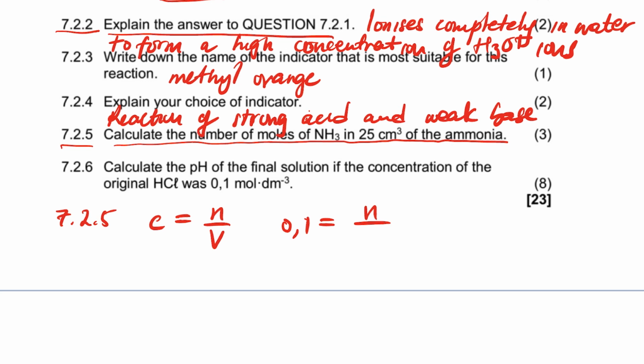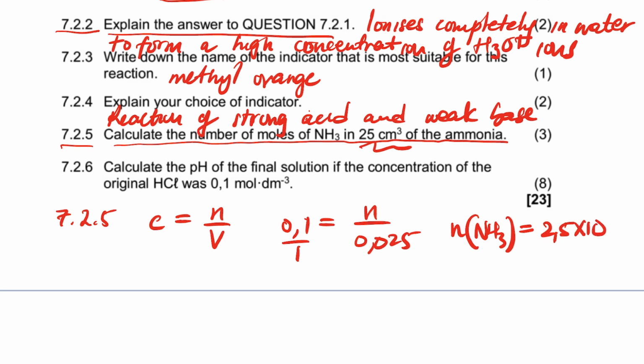Then our volume is 25. If we divide 25 by 1000 to convert into dm3, it's going to be 0.025, right? And then we cross multiply, the number of moles of ammonia is 2.5 times 10 to the power -3 mole.